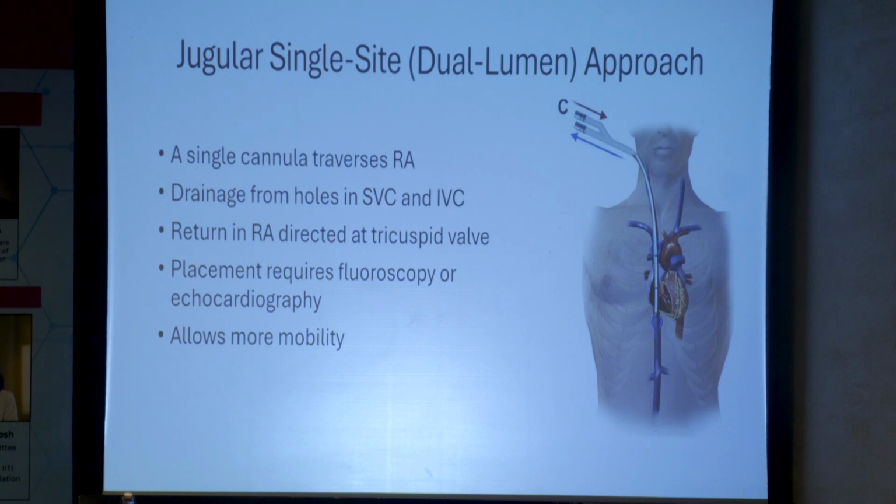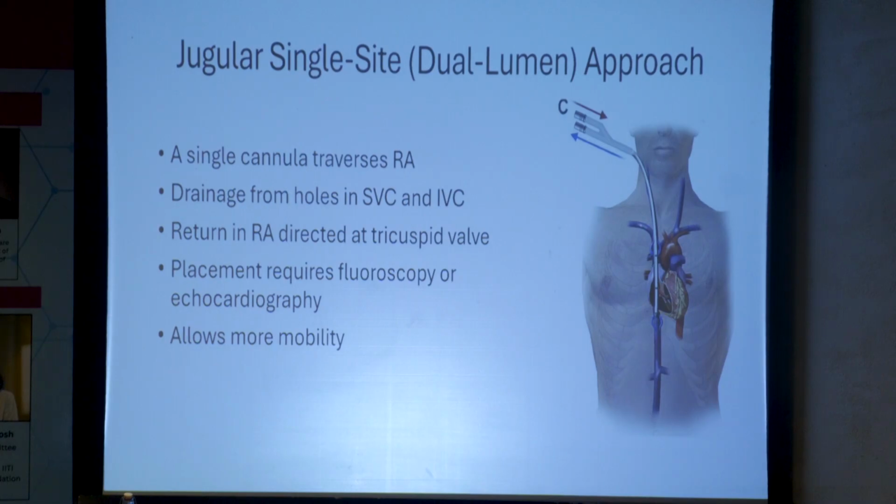All right, so the single site dual-lumen approach is typically done from the right IJ. I'll show some more pictures of the cannulas. They have holes both in the SVC and the IVC that drain the blood, and then they have a separate hole in the right atrium that returns the blood directed at the tricuspid valve. So it's a more difficult placement because you need to know that that cannula is going in through the neck, through the right atrium, into the IVC.